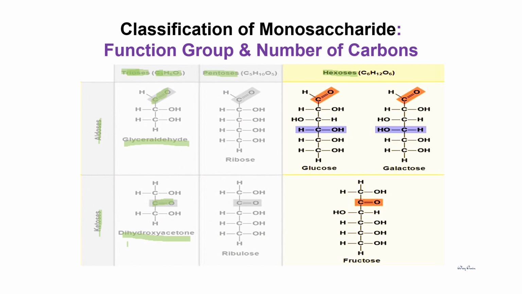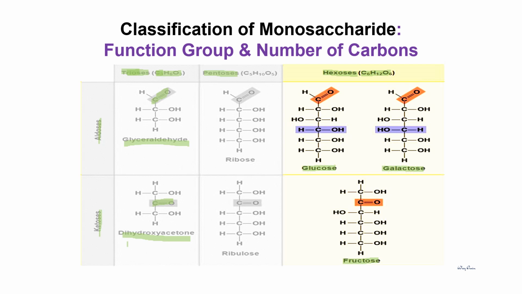In our syllabus, we are going to focus on the monosaccharide that consists of 6 carbons with the formula C6H12O6. There are 3 common examples of monosaccharide with 6 carbons, such as glucose, galactose, and fructose.